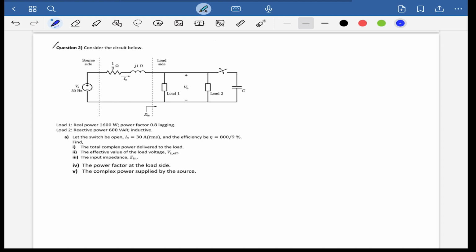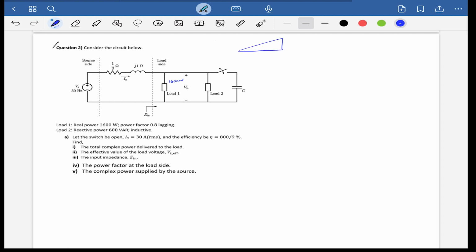We need to find that, and the real power for the load 1 is 1600 watts. So this is 1600 watts, and its power factor is 0.8.